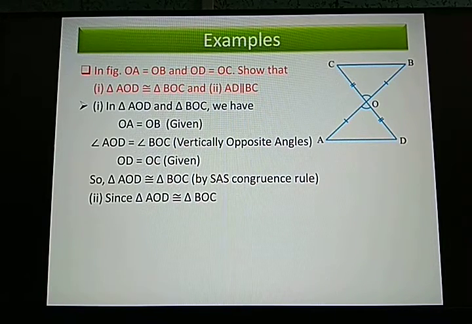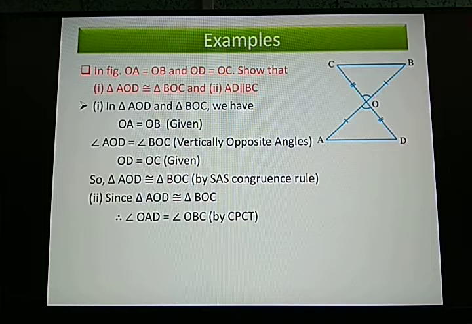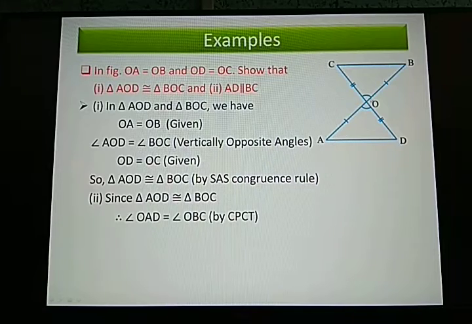Now since triangle AOD is congruent to triangle BOC, we know that if two triangles are congruent, then their corresponding parts are also equal. So we can write angle OAD is equal to angle OBC. If you see carefully in the figure, this angle OAD and this angle OBC are equal.